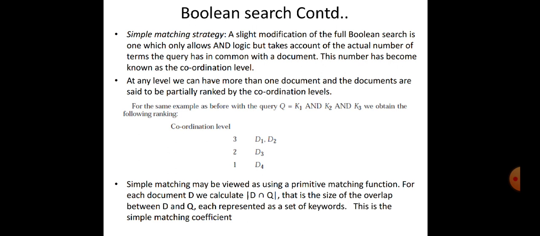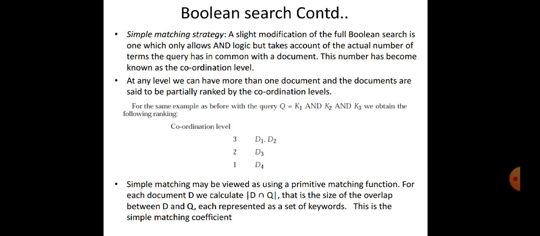In this example, for the same example as before, the query Q is equal to K1 AND K2 AND K3. Here you can see only AND operations are there. This searching strategy is called the simple matching strategy. Then we will get the following ranking.